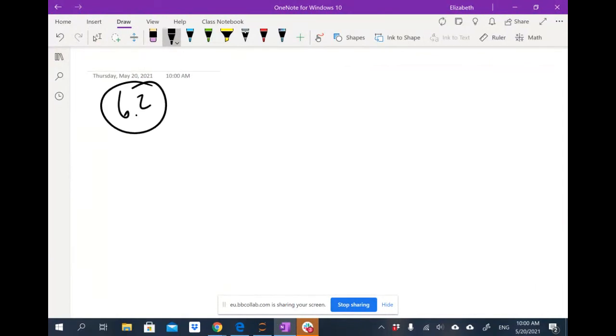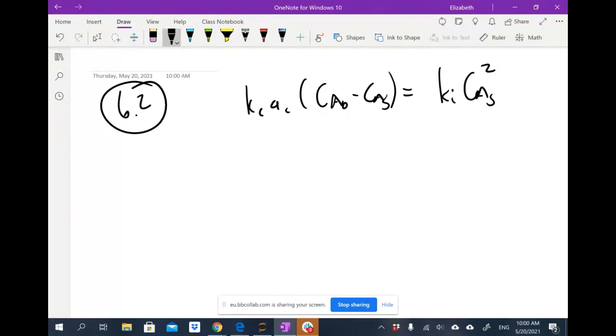Right. So if you think about that 6.2, you can't use the first order relationships. You have the two rates that must be equal, and I've got my Ki CA surface squared. And I based this on volumetric rates. So what you must do now in order to solve this problem is, for a CSTR, what is this equal to?